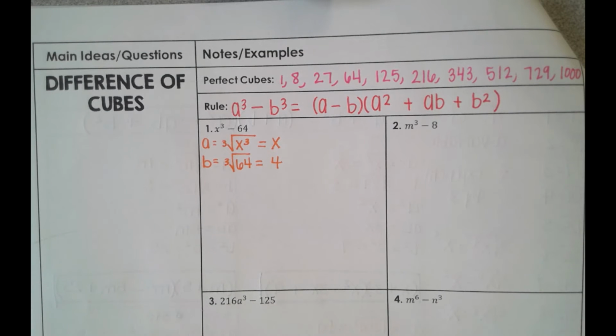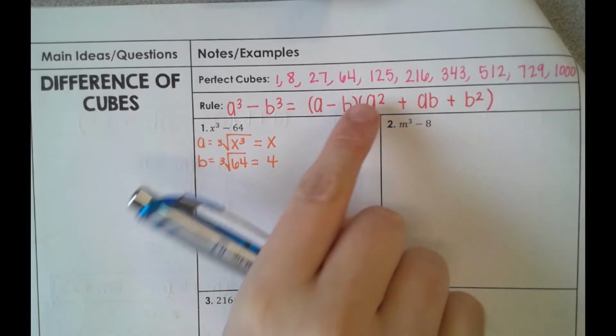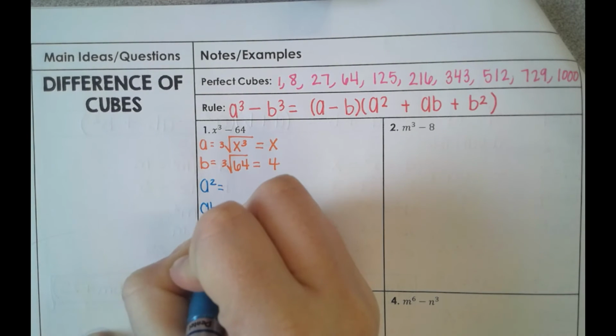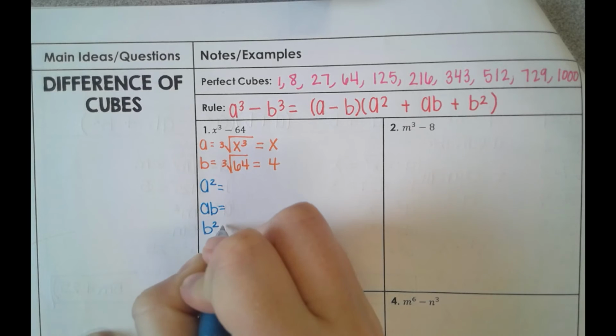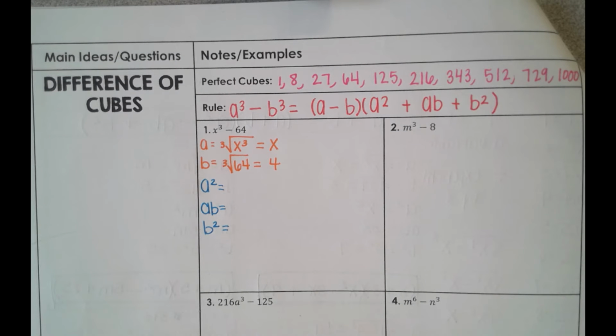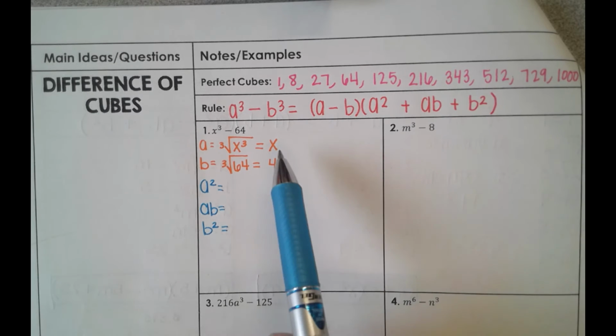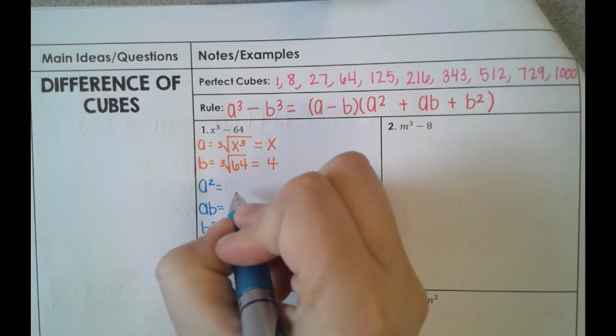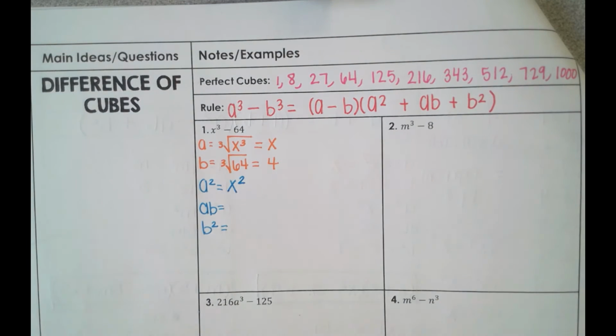After we find our a and b, we can find these other three things. A squared, ab, b squared. So if my a is x, then a squared would be x squared.